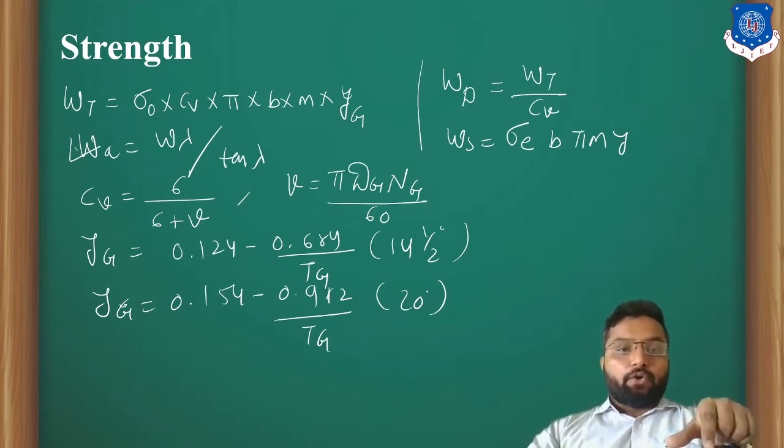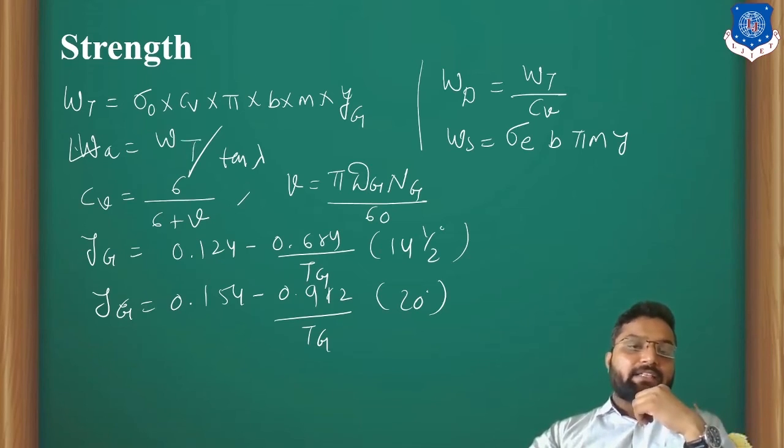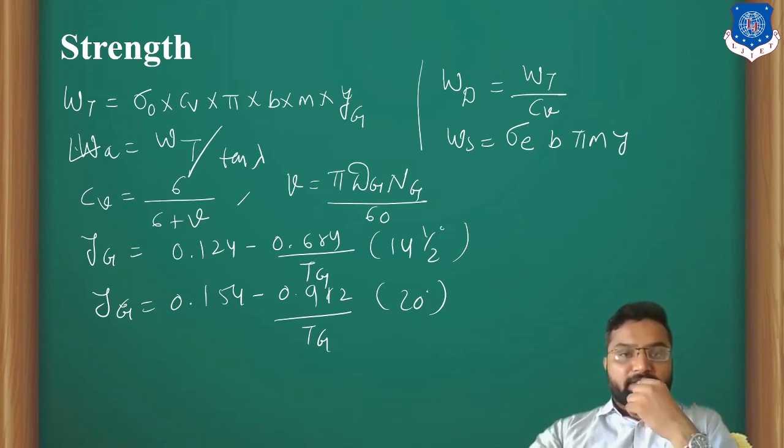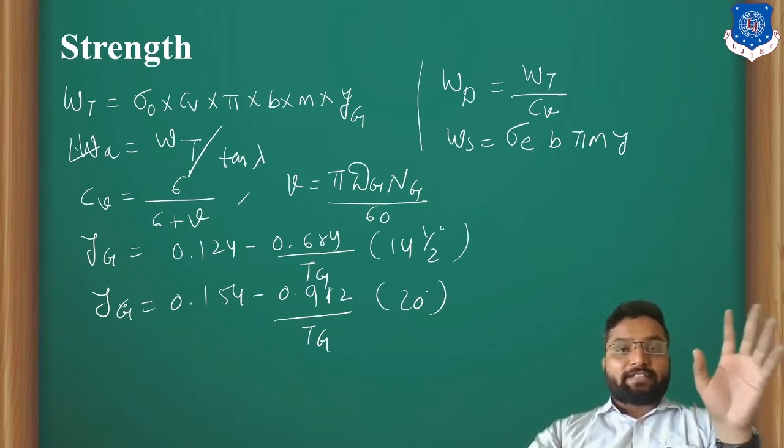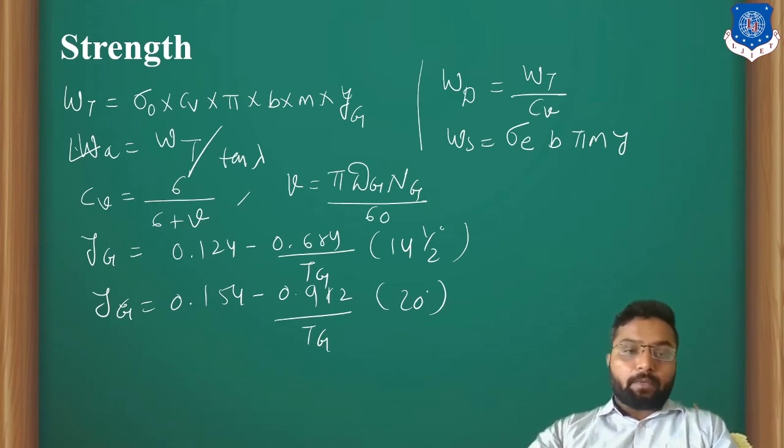Clear, which is Wt by tan lambda. Lambda is the lead angle. Clear? Where Cv is 6 upon 6 plus V and V is pi dg ng upon 60. Here we are going to use each and every aspect of the design for the gear rather than the worm. Clear?